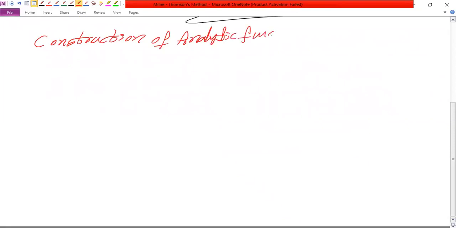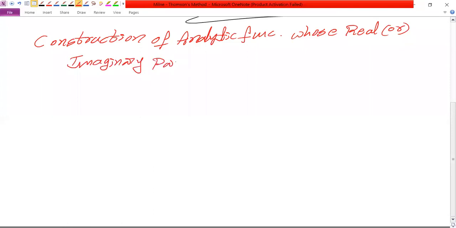What is an analytic function? f of z. Construction of an analytic function whose real or imaginary part is known or provided.